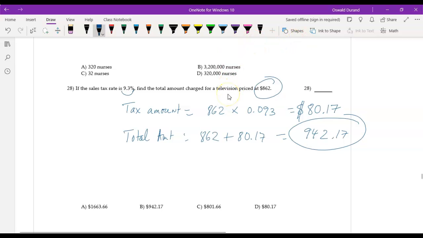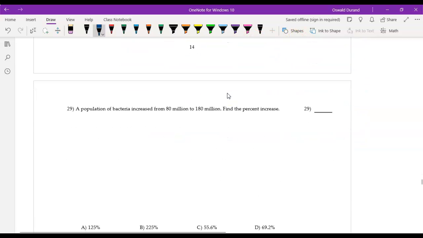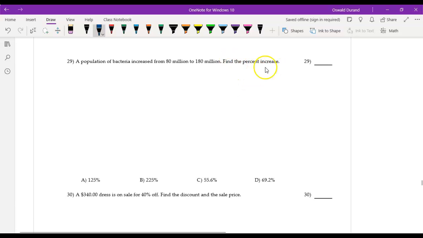Okay? All right, so let's look at another one here. All right, so this one, you need to find the percent increase of a population of bacteria that went from 80 millions to 180 millions, right? And usually percent increase or decrease is calculated in the following way.